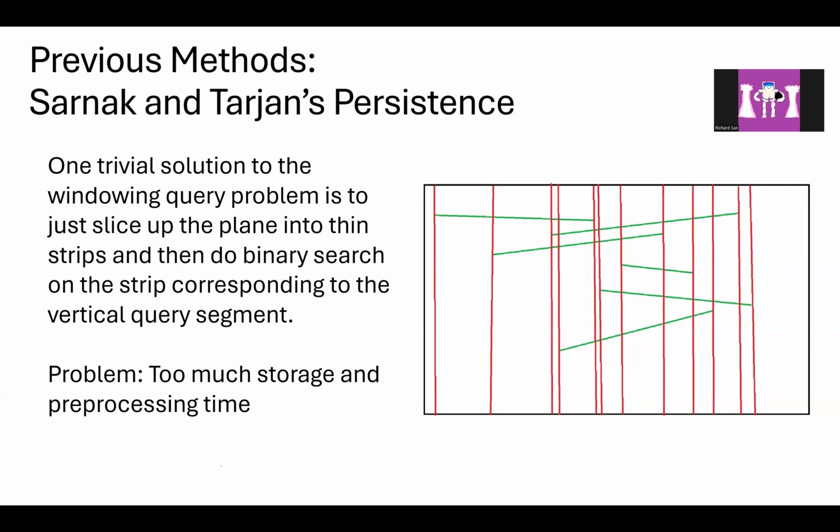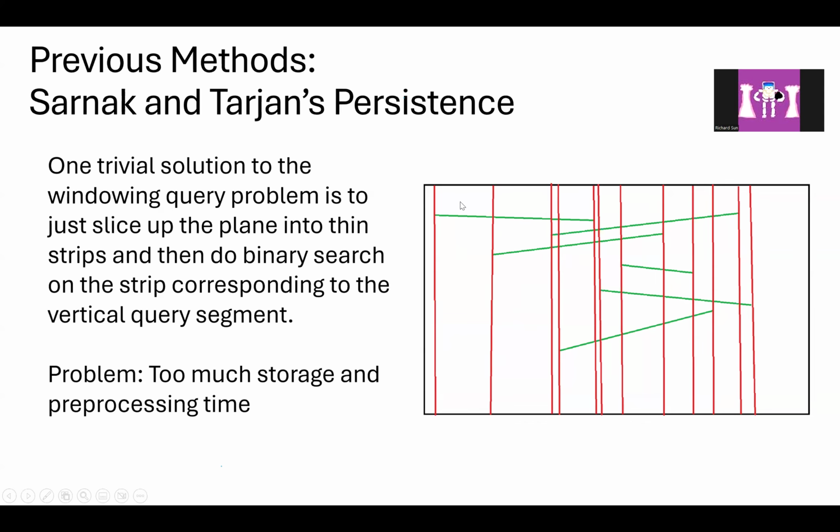Then you have persistence. You can think of this problem as a bunch of thin strips, and each of these thin strips is a binary search tree. But obviously storing a binary search tree for each of these strips is too much pre-processing and storage. So you can think of this as a persistent balanced binary tree.